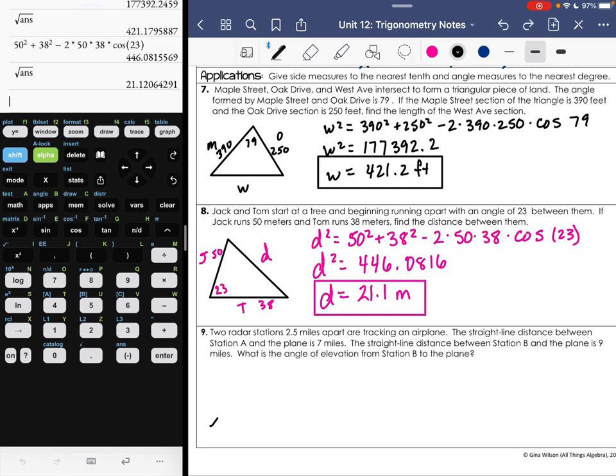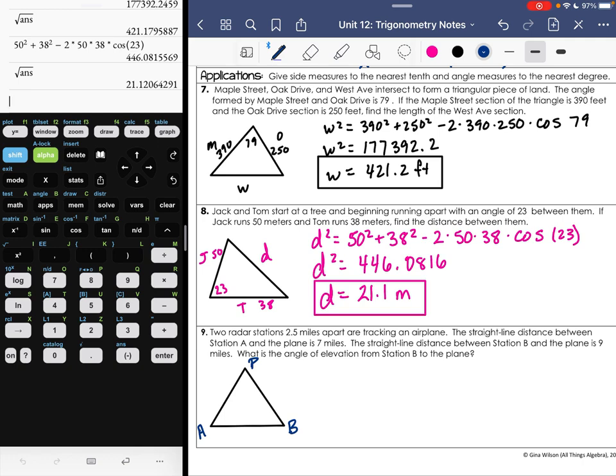So you've got a station here tracking a plane in the air and a station here tracking a plane in the air. And you know the distance between them, so you're trying to find the angle of elevation. All right, so if we've got station A and station B and a plane, those are the things that we have.